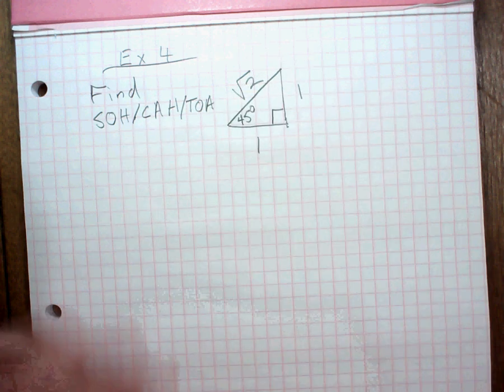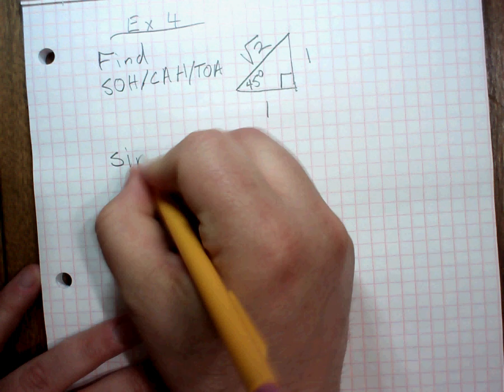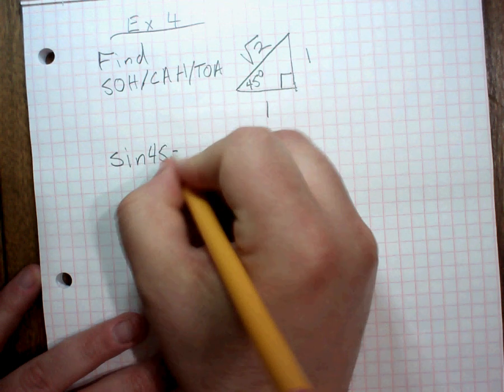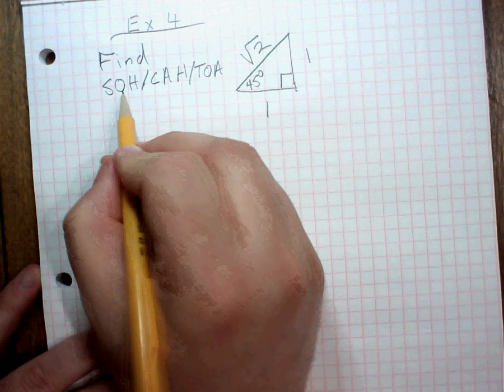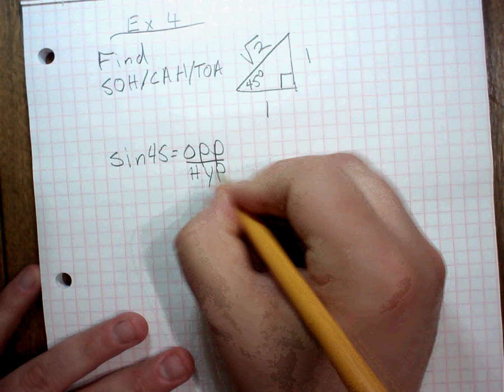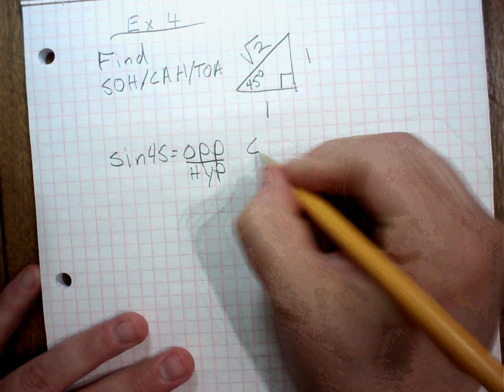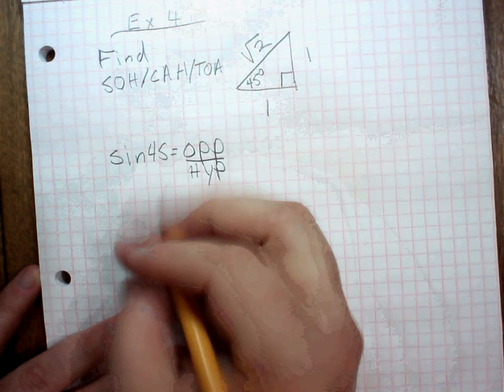Okay. And so that means that sine of 45 is equal to the opposite over the hypotenuse. Sine: opposite over hypotenuse. Actually, let me write this down here, it'll be better.